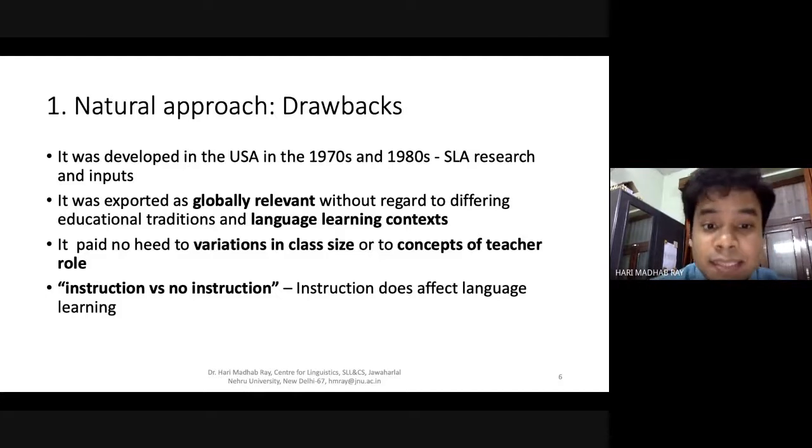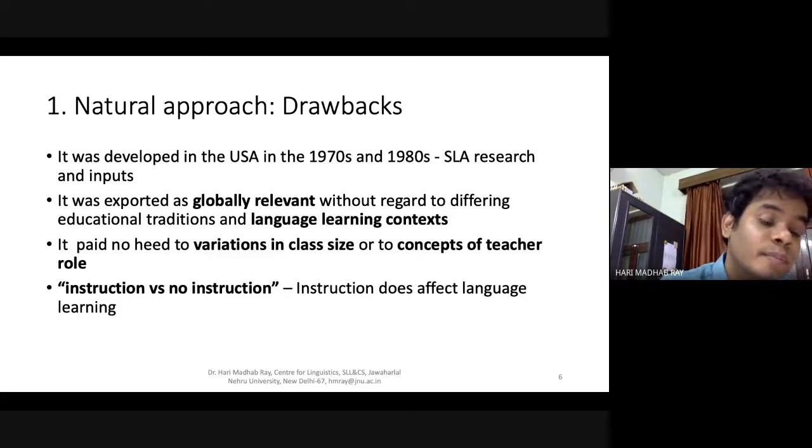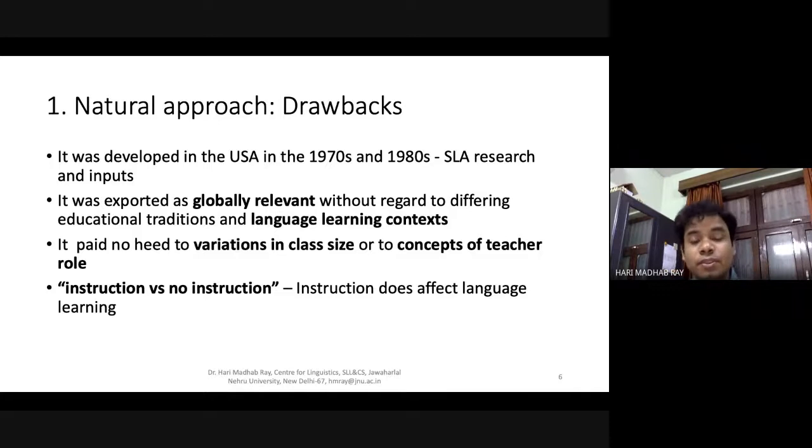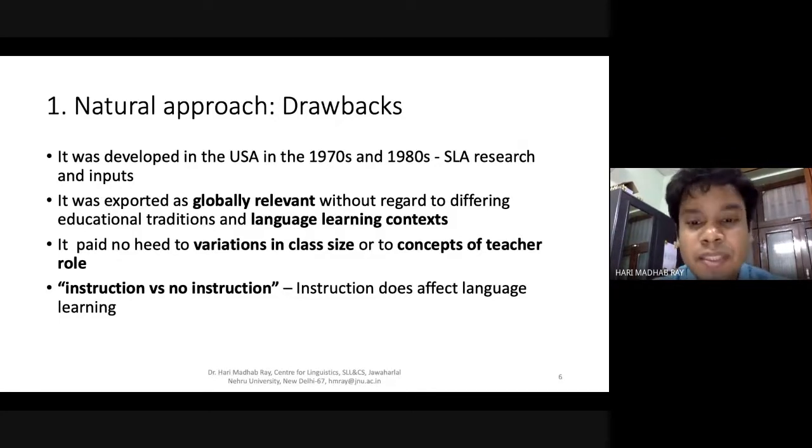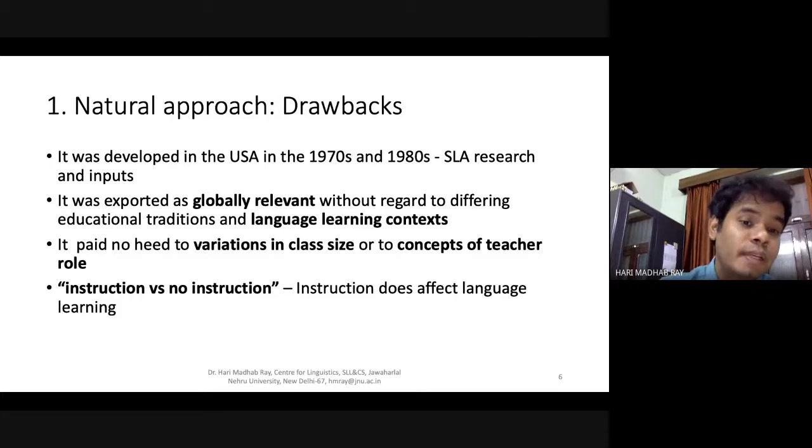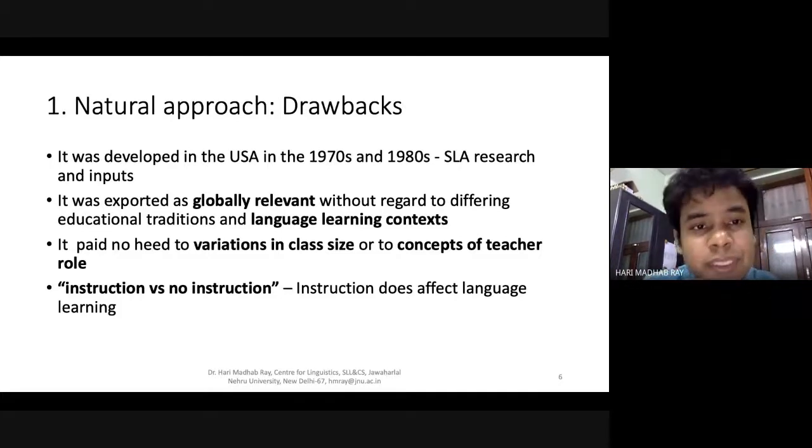So we had seen that instruction does affect language learning, especially if you're talking about second language learning. Maybe in first language acquisition, overt correction, reinforcement, and corrections may not help the child. But here, especially in second language learning cases, instruction does affect language learning, and it has been proved later on.